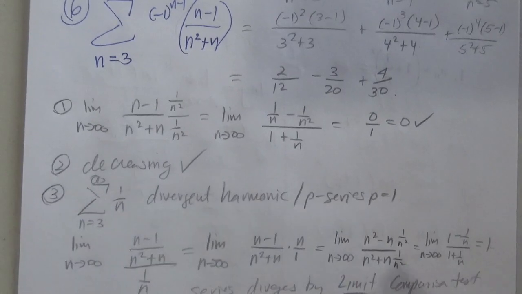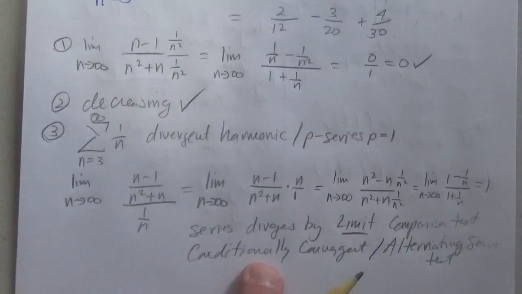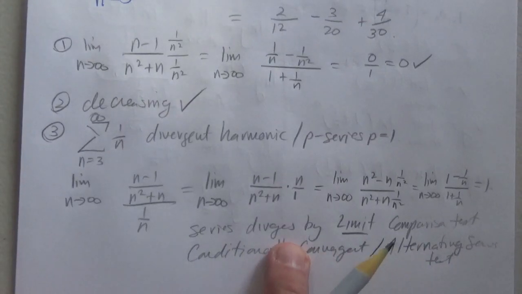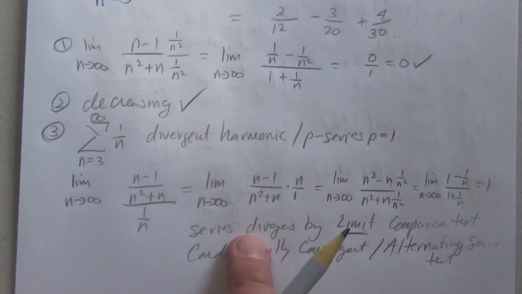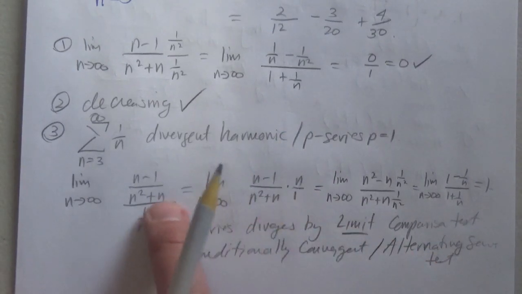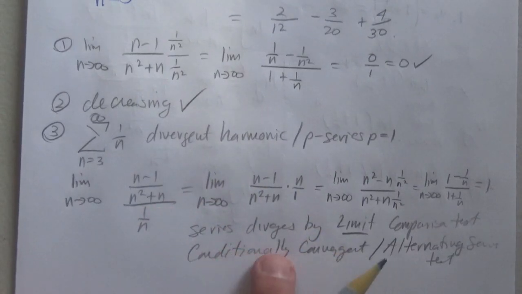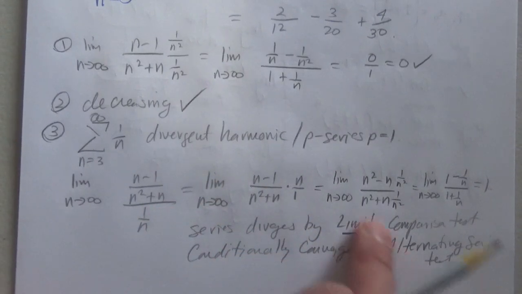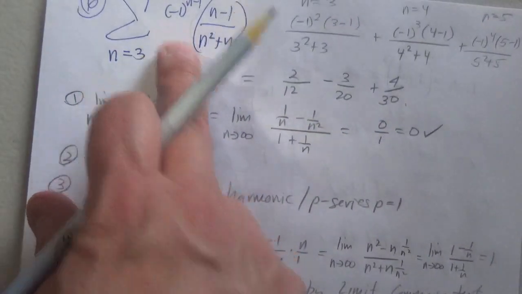Sorry, my handwriting's terrible. Okay, sorry to squeeze that in. So conditionally convergent, alternating series test, because this series up here is a divergent harmonic. So by limit comparison, n minus 1 over n squared plus n also diverges. So therefore it's conditionally convergent under the alternating series test. Alternating series, why? Because of this negative 1 to the n minus 1.